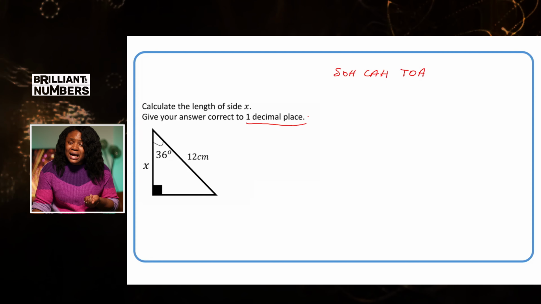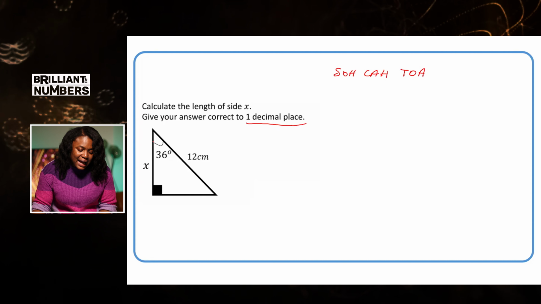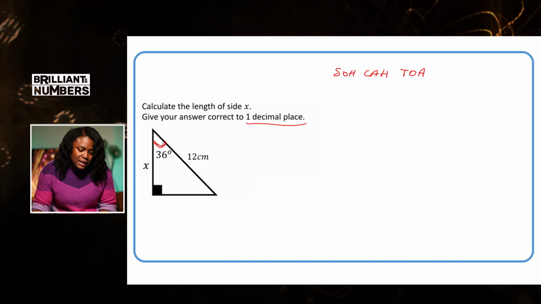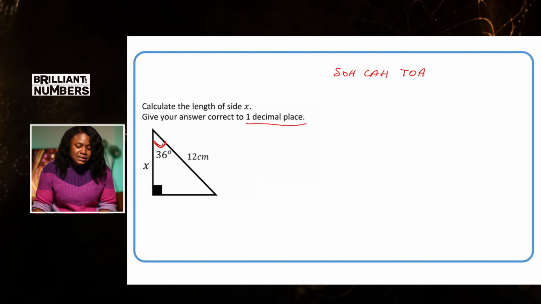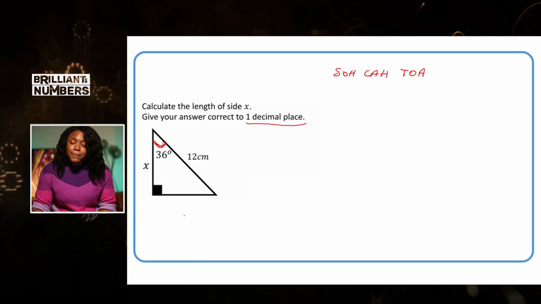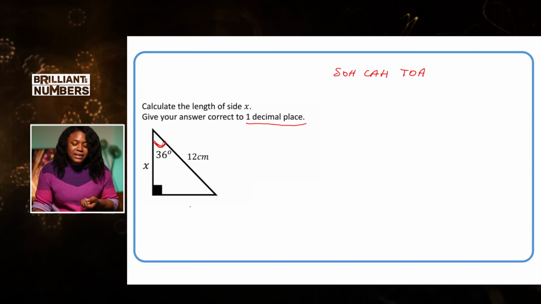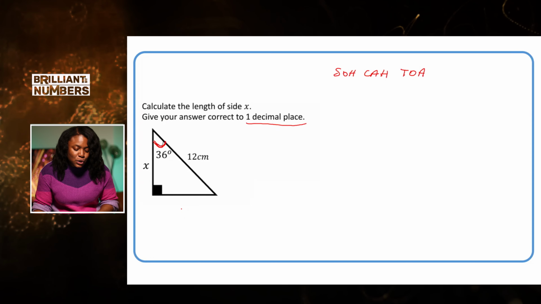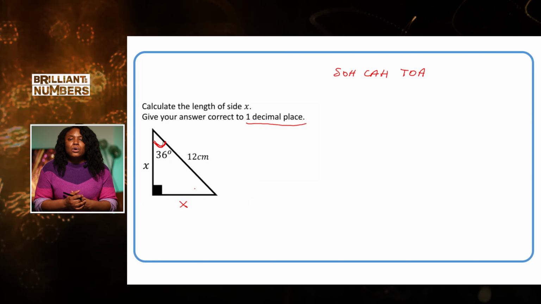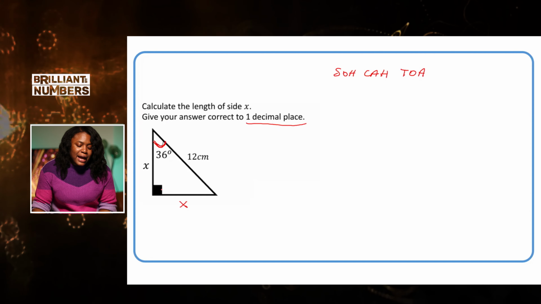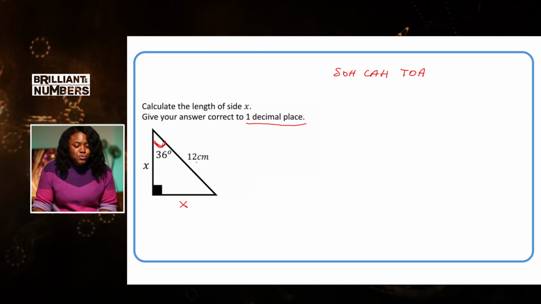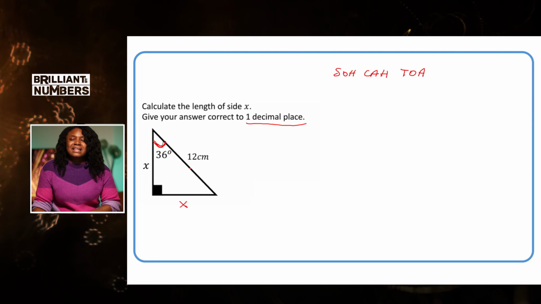So I go to my diagram and I'm going to stand at 36 degrees. Now, across from 36, opposite to that is the opposite side. But I can see here, I was not given a number. So opposite is out.